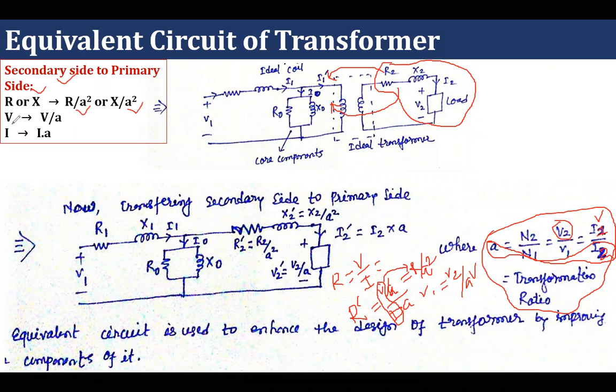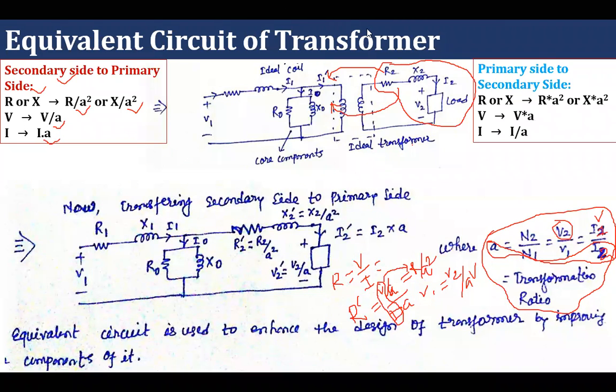If it is voltage, it will be divided by A, and if it is current, it will be multiplied with A. Similarly, if anything we are transferring from primary side to the secondary side, if it is resistance or reactance, it will be multiplied with A square. If it is voltage, it will be multiplied with A. If it is current, it will be divided by A. And A is the transformation ratio.